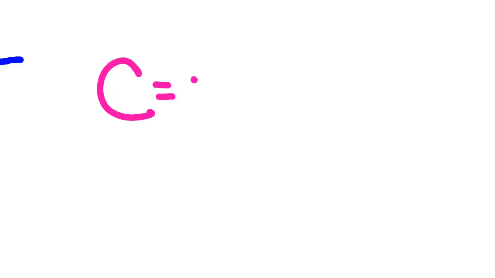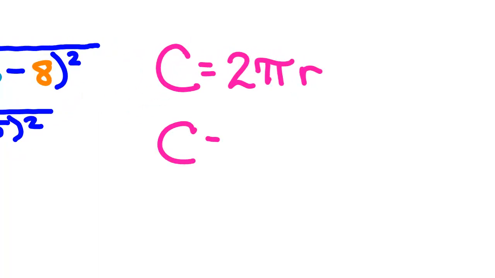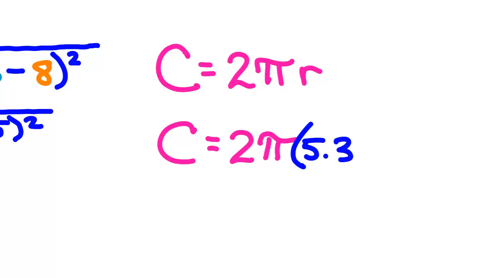Circumference is equal to 2 times pi times the radius. So for my circumference, we do 2 times pi times 5.385.